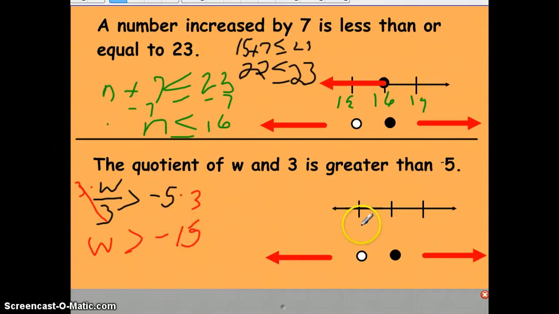So now I'm going to have a negative 15. Before that would be my negative 14, and after that would be my negative 16. We need what kind of circle? You got it. We need the open circle, and W is greater than, and we need the arrow that points the same direction as our inequality sign.